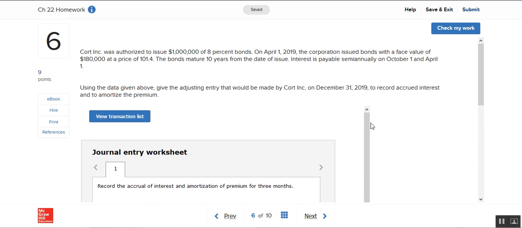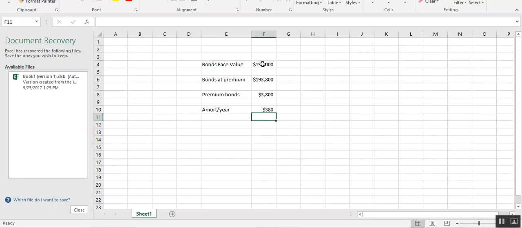Now we're going to calculate the premium that we're going to amortize. Let's use our little spreadsheet again. We have $180,000 worth of bonds, sold at 101.4. So we take 180,000 times 1.014, or 101.4%, which gives you bonds at a price of $182,520.